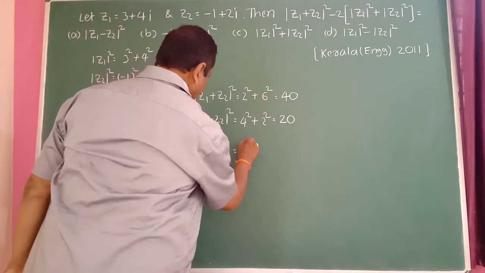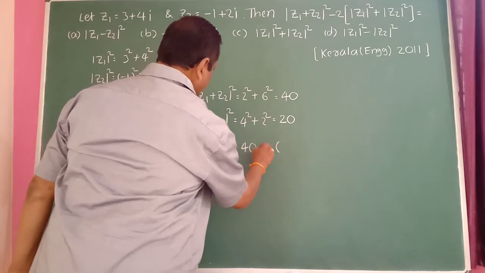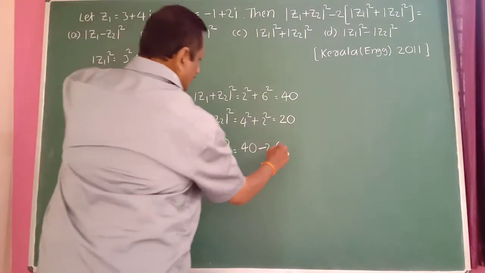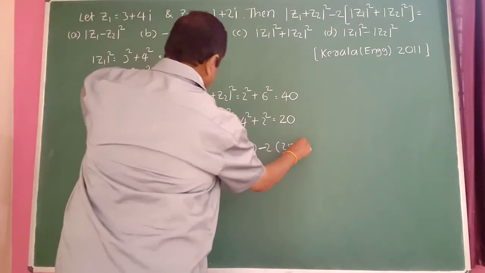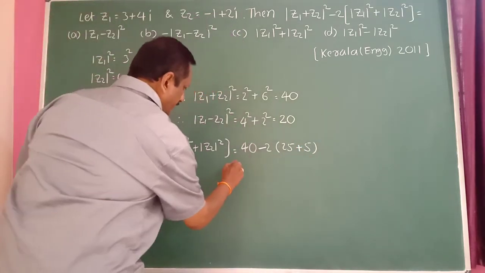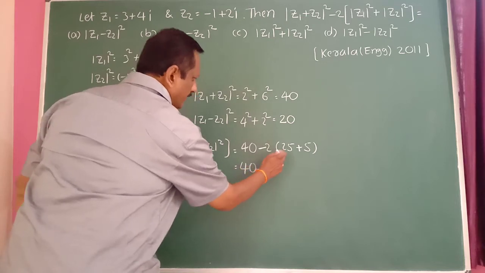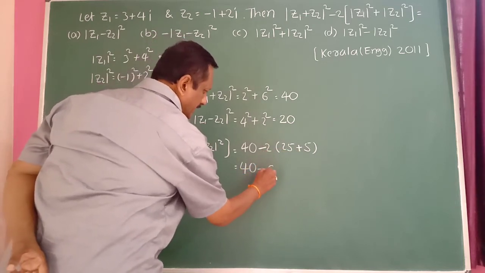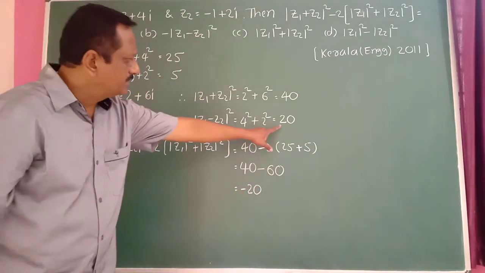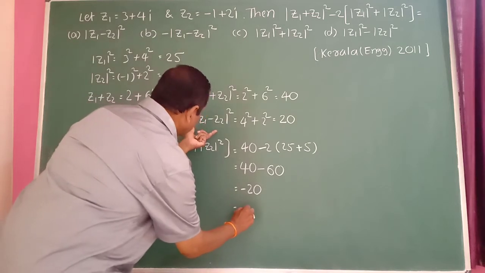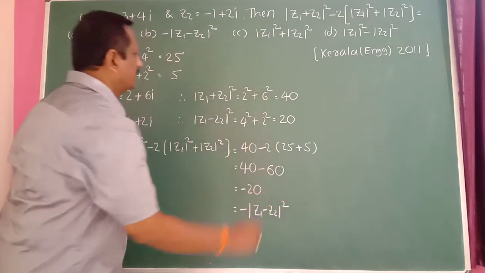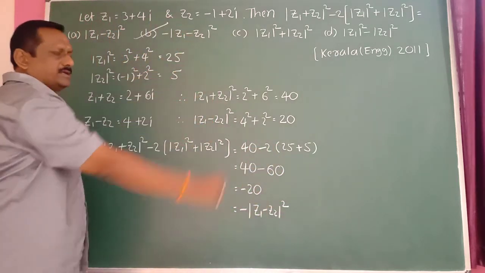So write 40 minus 2 into (modulus of z1 square, which is 25, plus modulus of z2 square, which is 5). Therefore 40, 25 plus 5 is 30, 2 times 30 is 60. So this equals minus 20. Here 20 is the value of modulus of z1 minus z2 whole square, so it is minus of that. In this case, B is the correct option here.